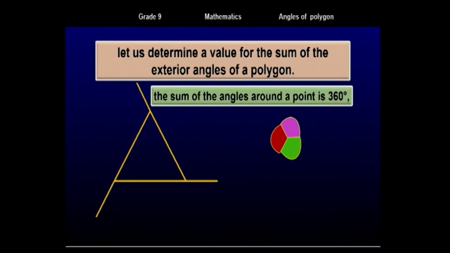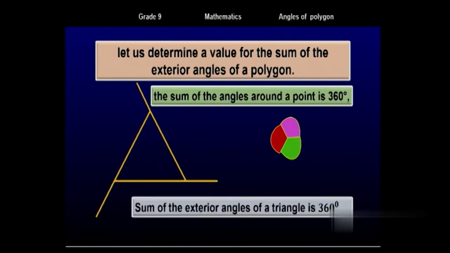Then what is the conclusion of this? The sum of the exterior angles of a triangle is also 360 degrees. Now we know the sum of the exterior angles of a triangle is 360 degrees.